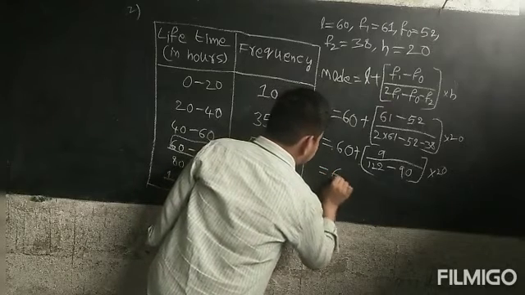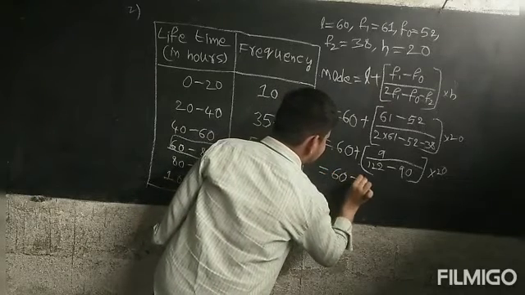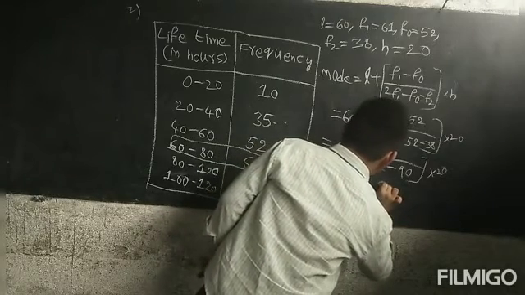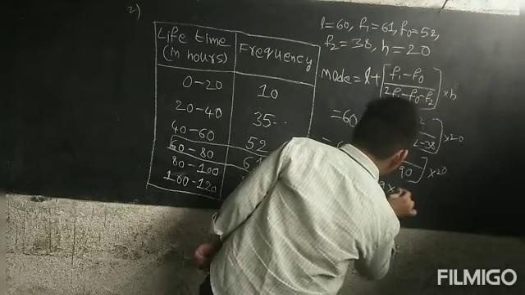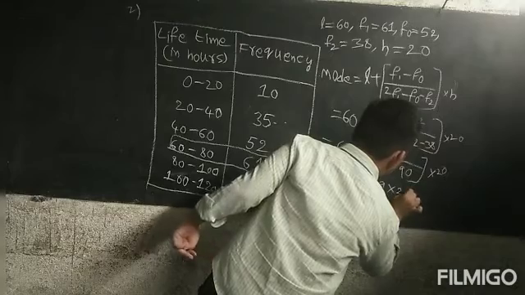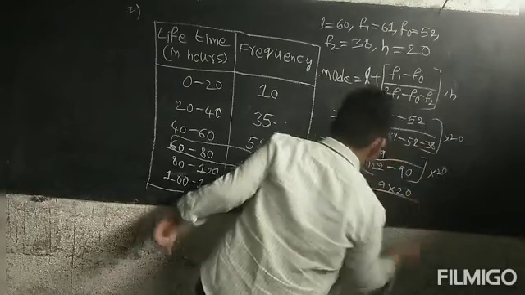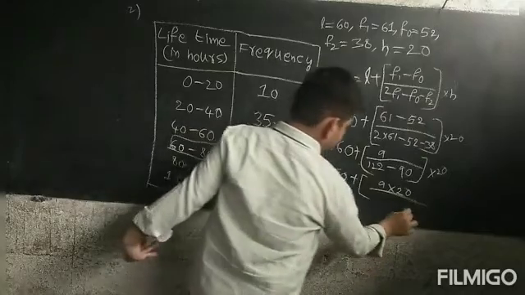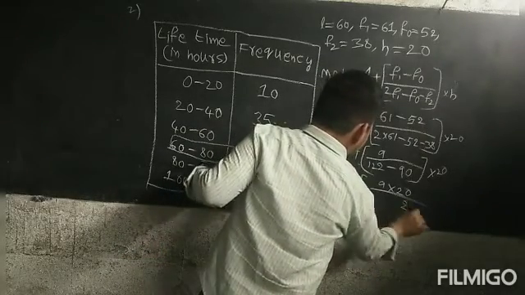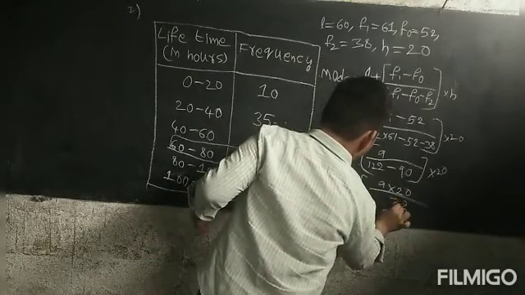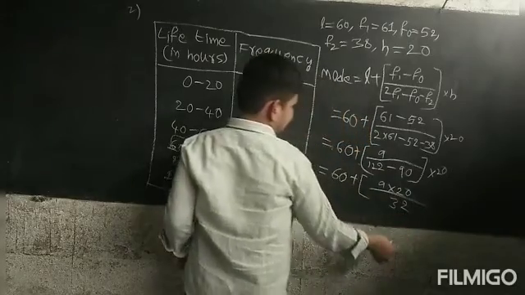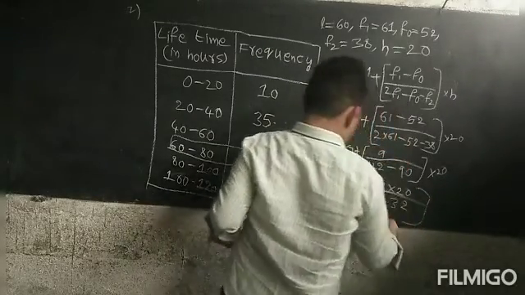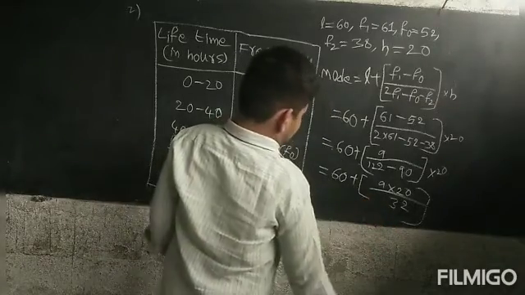So mode equal to 60 plus 9 into 20 by 32.